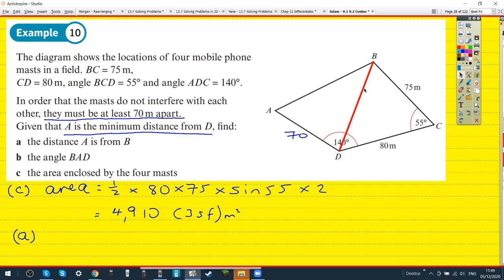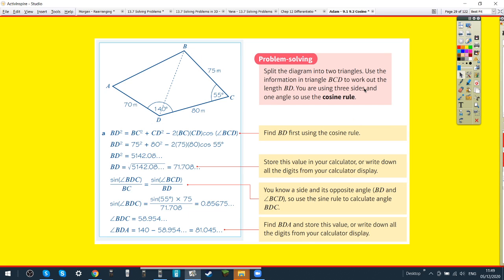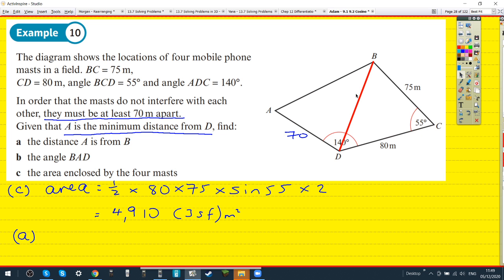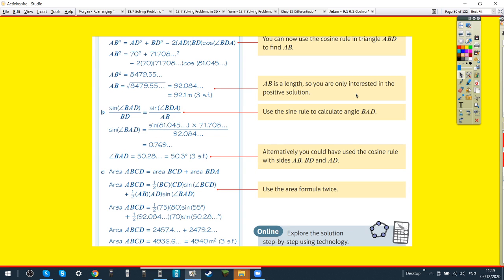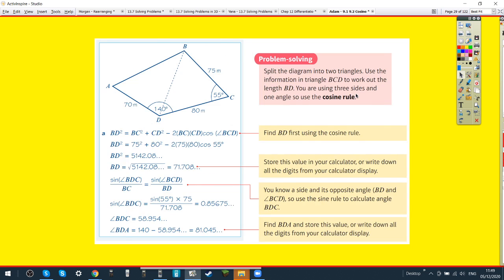But we don't have the angles B or D when it's split into two triangles. I'm looking this up because I can think of a very long way of doing it. You have to use cosine rule, sine rule, sine rule. It's just very long.